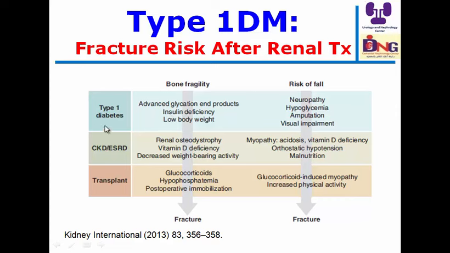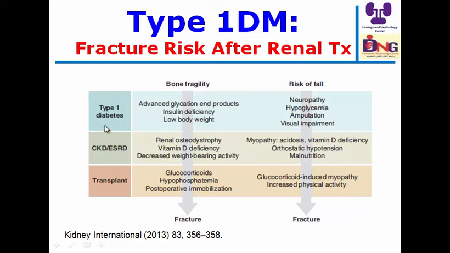If they are diabetic and receive a kidney transplant alone, the incidence is 15.8 per 1,000 patient years. But if the pancreas is there, the incidence decreases from 15.8 to 12. So it seems that pancreas transplantation offers an advantage regarding fracture.